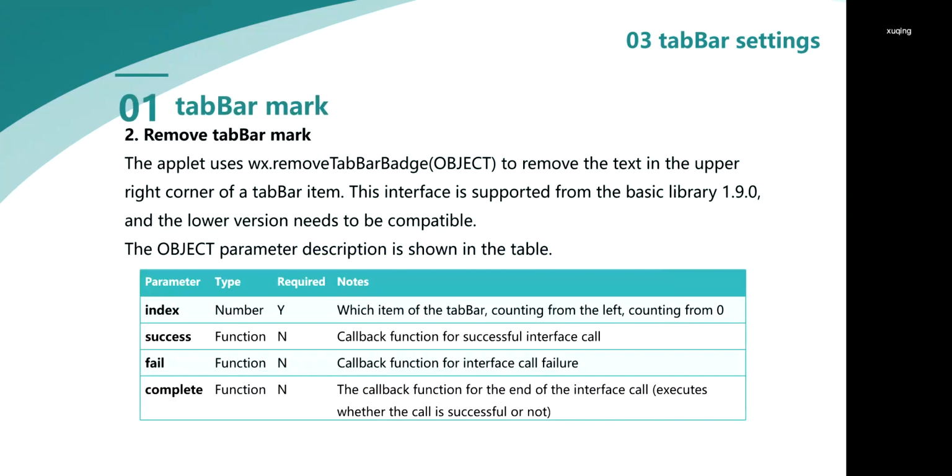We have 4 parameters here: index, success, fail, and complete. Index shows which item of the Tabbar, counting from the left, counting from 0. Success, fail, complete are common. Success is the callback function for successful interface call. Fail is the callback function for interface call failure, and complete is the callback function for the end of the interface call. It executes whether the call is successful or not.